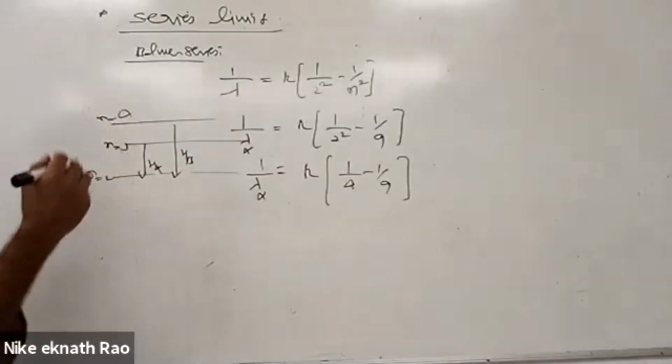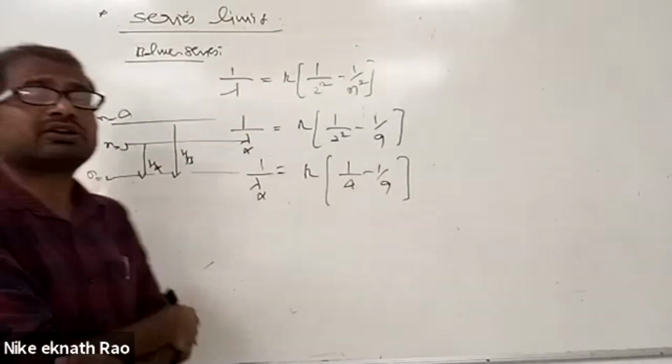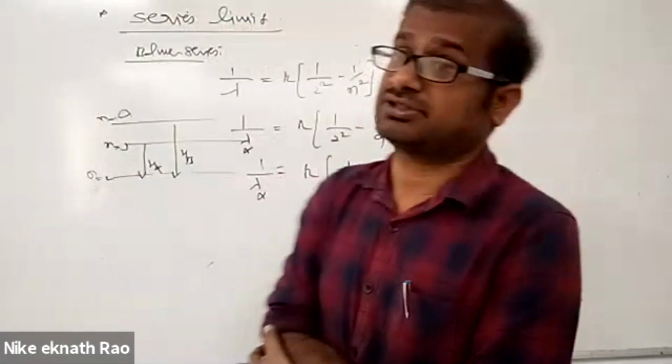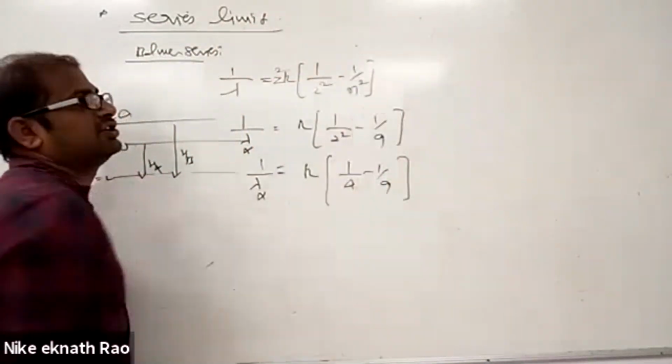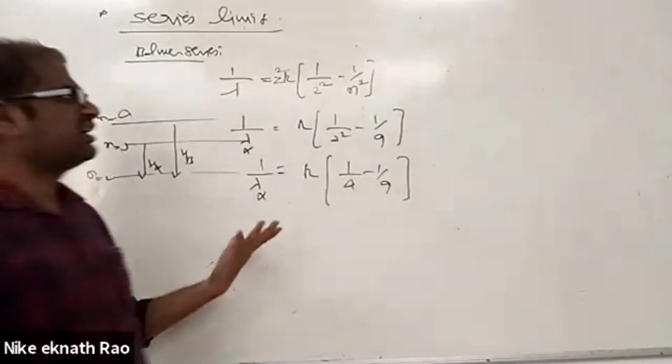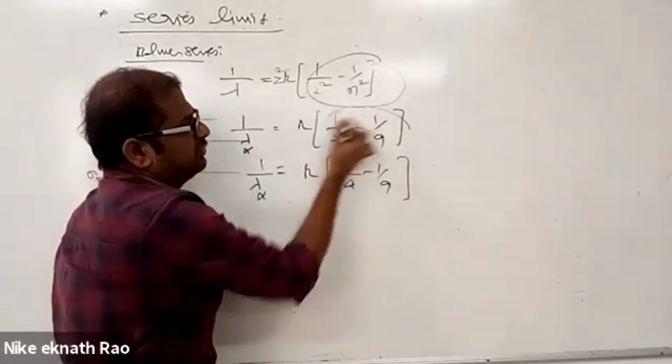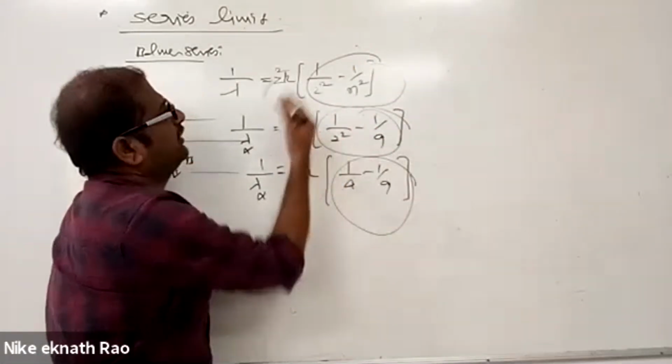But the formula is for different atoms, so 1 by lambda equals R into Z square into the same bracket. The H alpha value in the bracket is the same, so what varies is Z square.